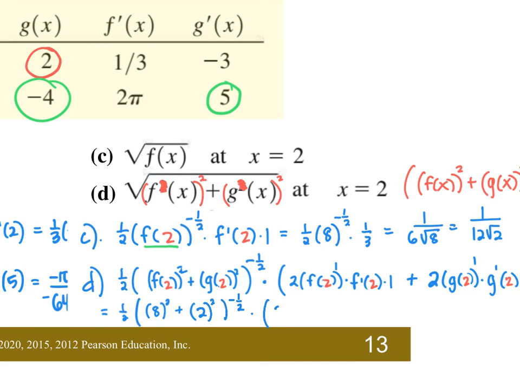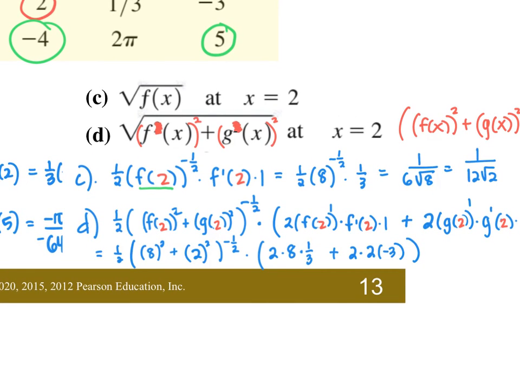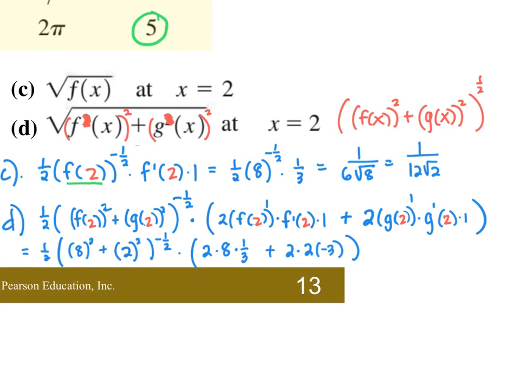Then I have 2 times 8 times f prime of 2, which is 1/3, plus 2 times g of 2 times g prime of 2, which is negative 3. So all of that needs to get cleaned up.